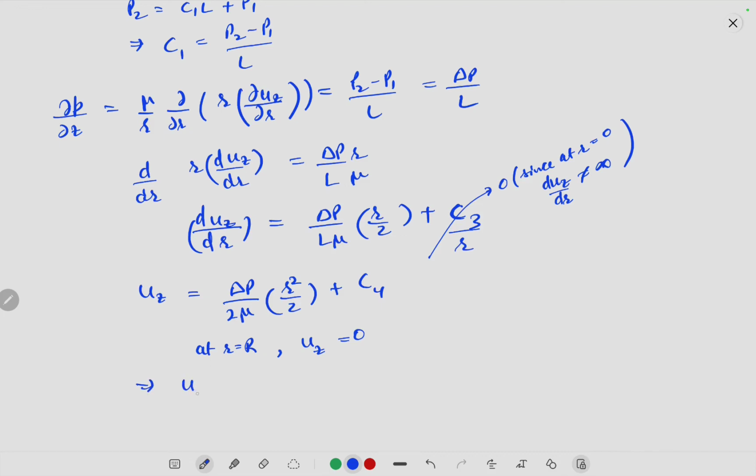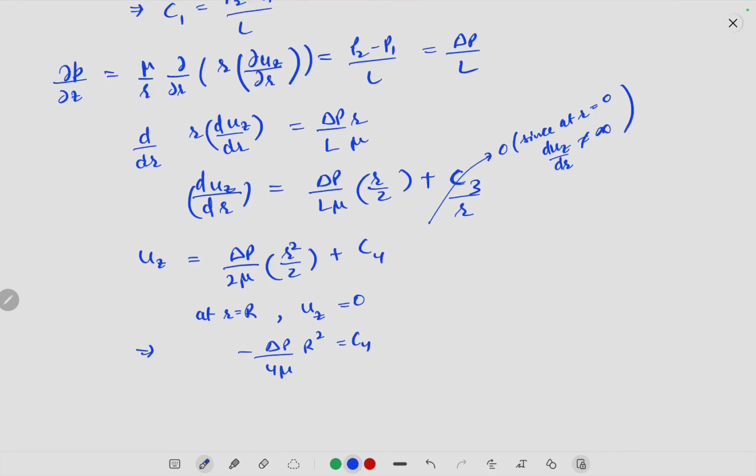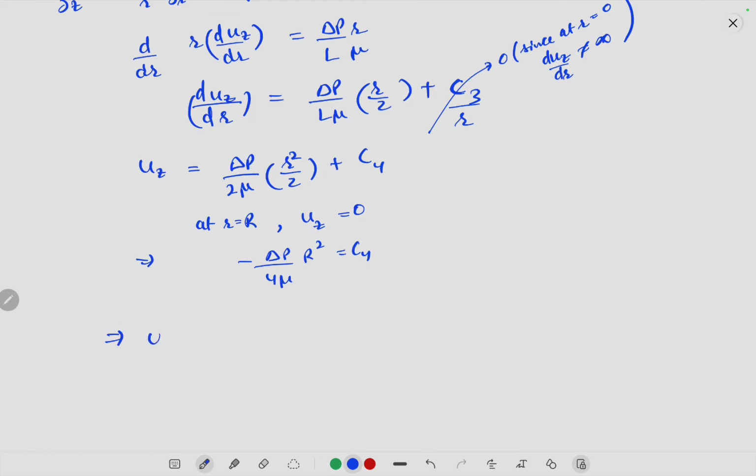So this implies 0 equal to delta p by 4 mu L times R square plus C4, and I can take this term to this side and get C4 equal to minus delta p R square by 4 mu L. So this implies that uz is equal to delta p by 4 mu L times (R square minus r square).